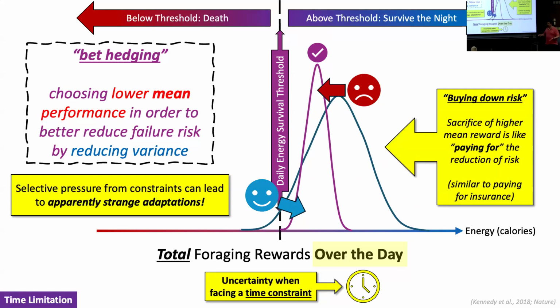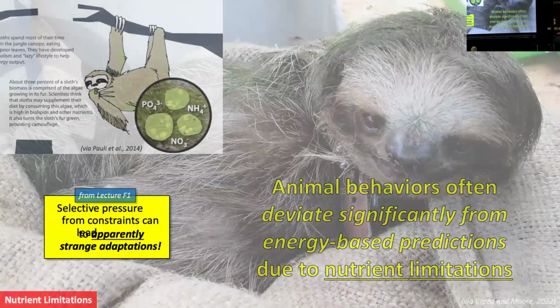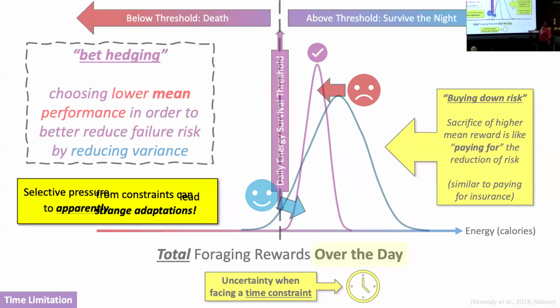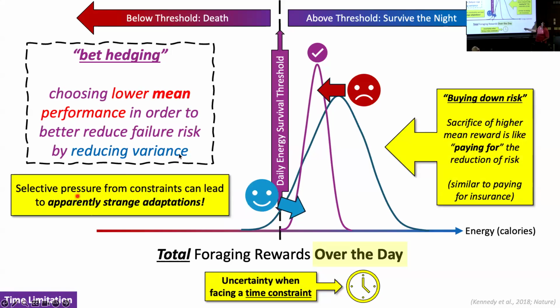So now we introduce this idea of basically animal insurance. How do animals buy insurance? Similar to paying for insurance, they choose a strategy which reduces their mean. That's like paying someone to reduce their risk exposure.